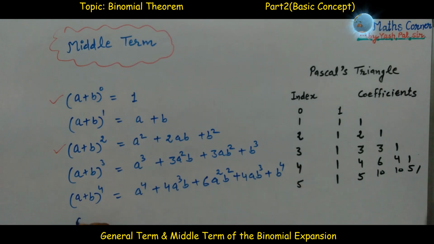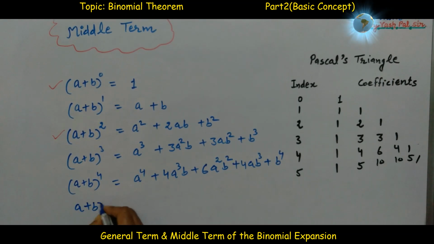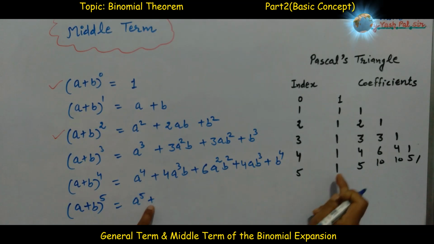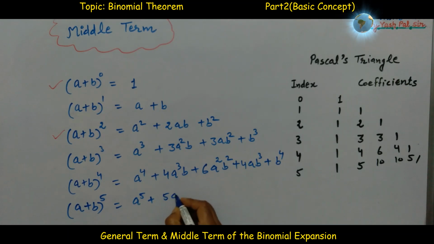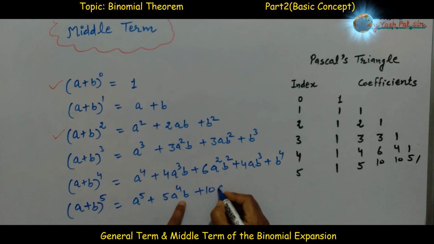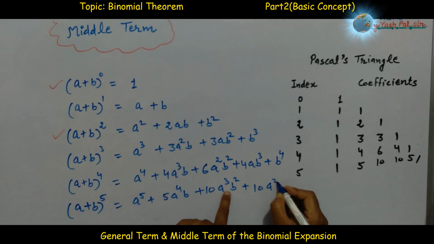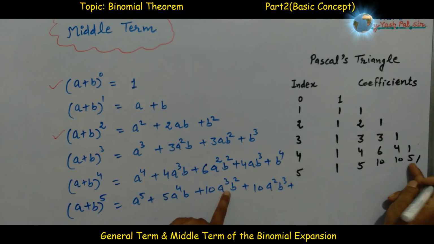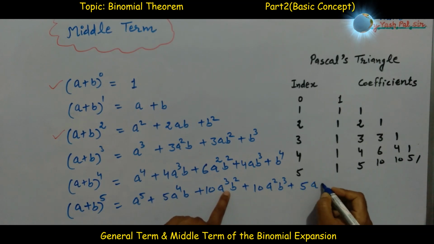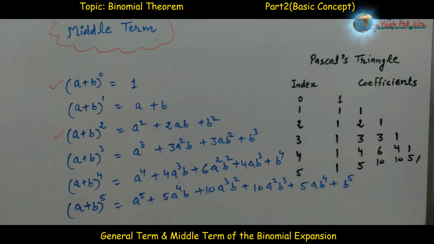Again, we can also find the value of (a plus b) whole raised to power 5. This is equal to a power 5 plus 5 a power 4 into b, next is plus 10 a raised to power 3 b raised to power 2 plus again 10 a power 2 b power 3 plus 5 a power 1 b power 4 plus last coefficient is 1 b power 5, this way.